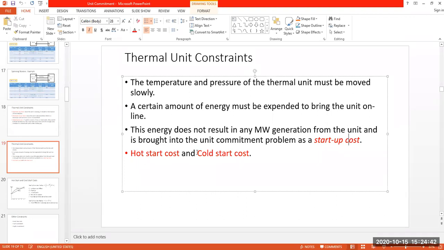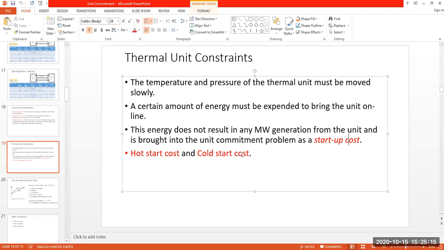That means sufficient time has elapsed to allow your boiler unit to cool down. The unit is not operating, it is in the decommitted stage. This is one way to decommit a unit. But what is the problem here?